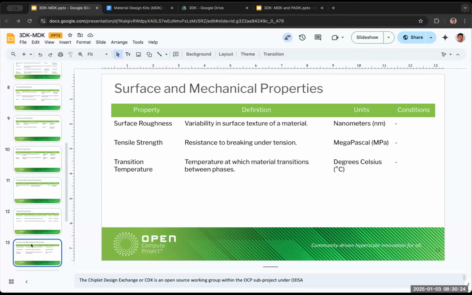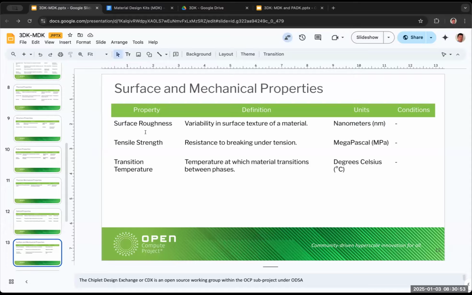And then roughness is another combination between the surface and mechanical. The surface roughness, the texture that you use, typically has an impact on stacking and things like that, and on the interaction between your surfaces.